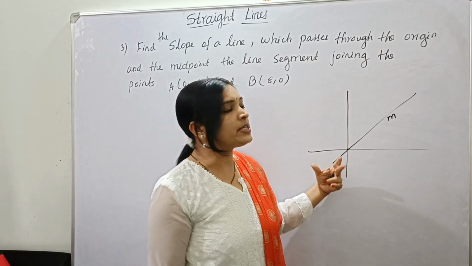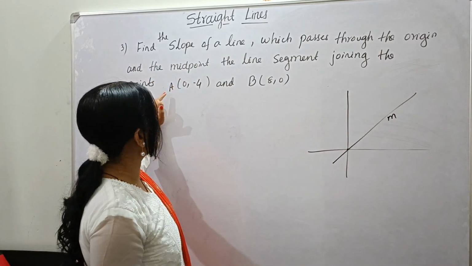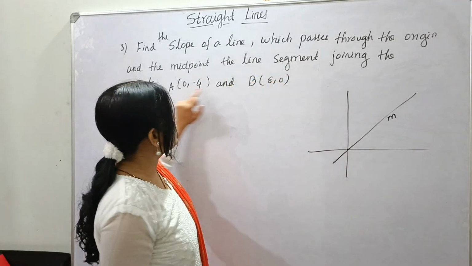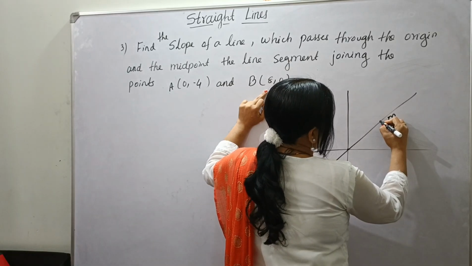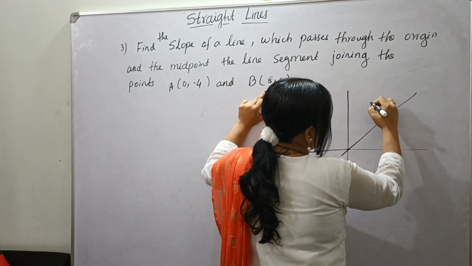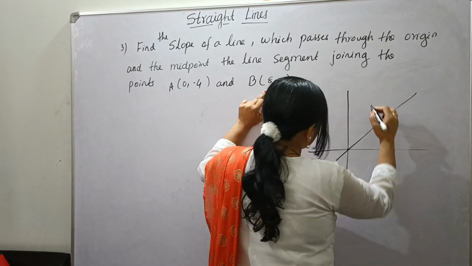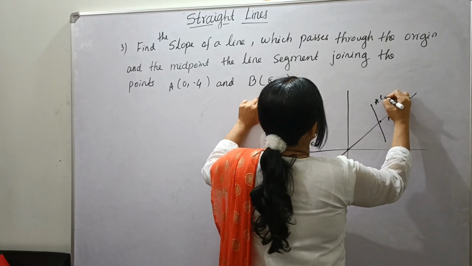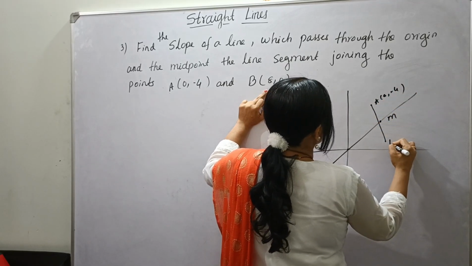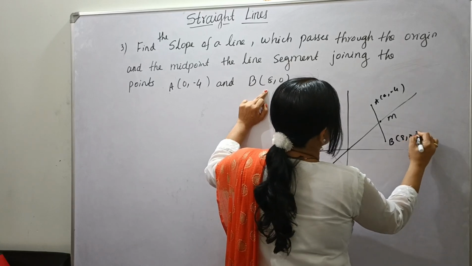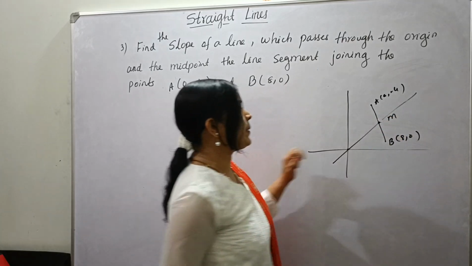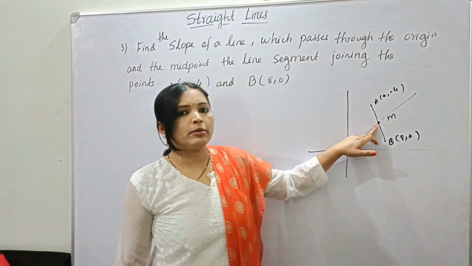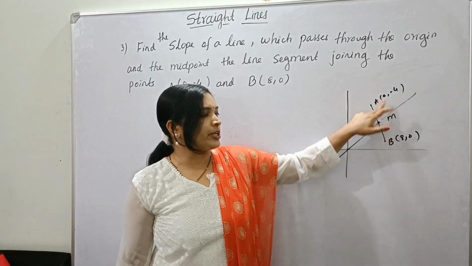This other point is nothing but the midpoint of the line segment joining the points (0, -4) and B(8, 0). Suppose this is the point. It is the midpoint of these two points.